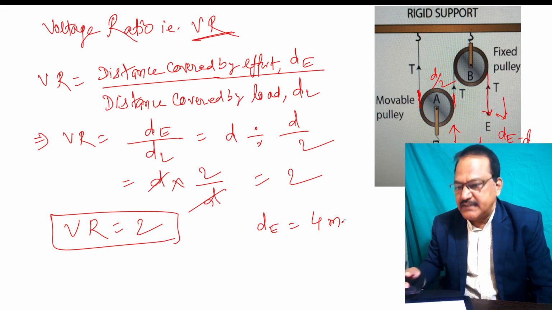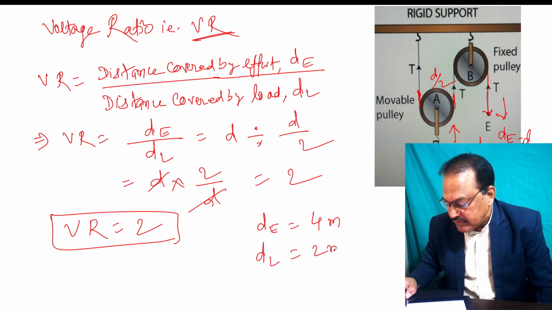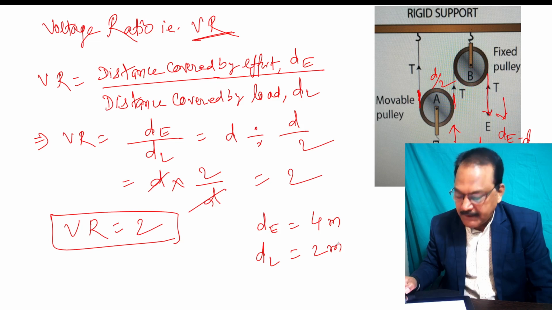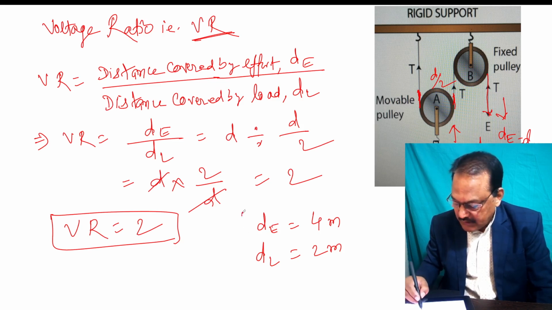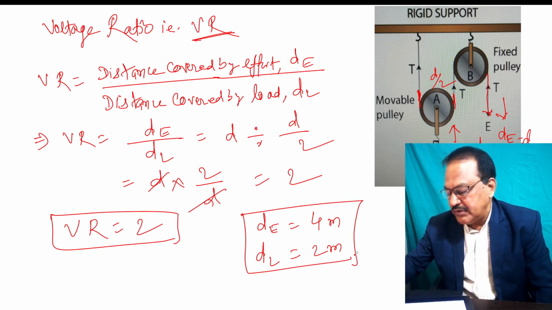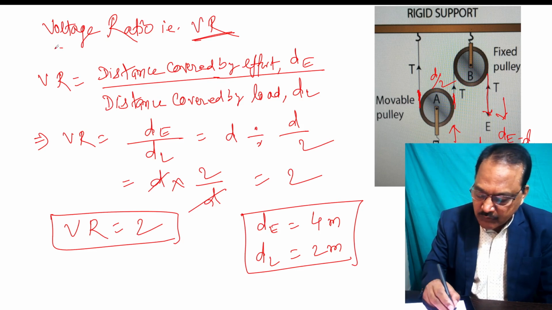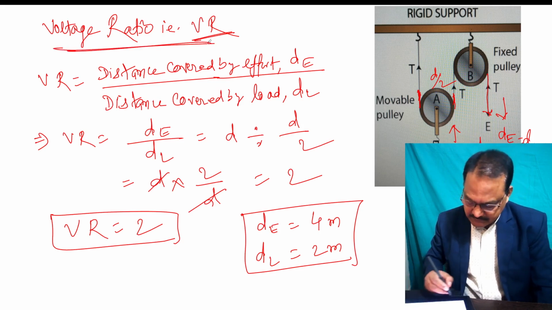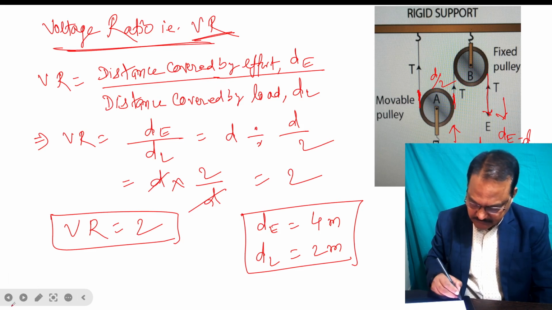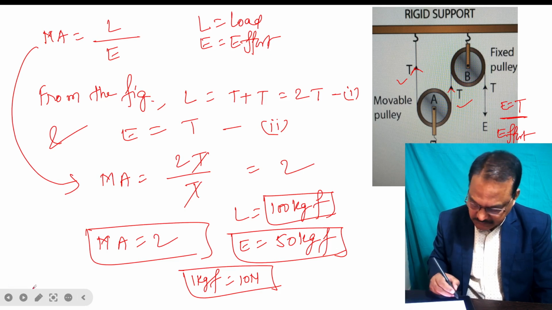We can simply say dl, the load will go up by just 2 meters. This is the relation between the two, just half of it. So we have calculated the value of VR and the value of mechanical advantage also in this combination.